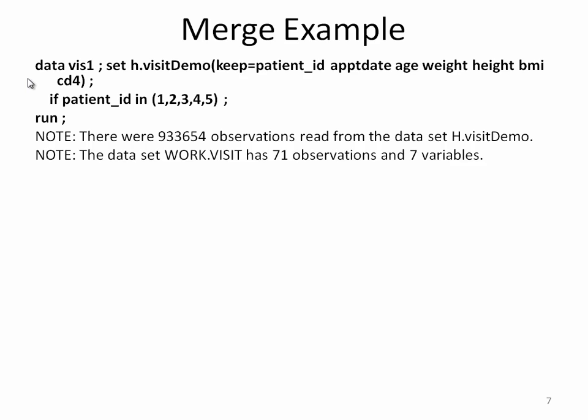So that means that there are multiple observations. With 71 observations in that data set, there must be multiple records per patient. And then the 7 variables are the result of simply pulling in patient ID and the other variables. Okay?